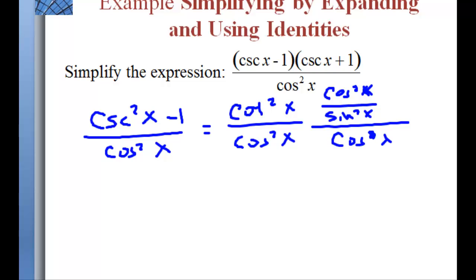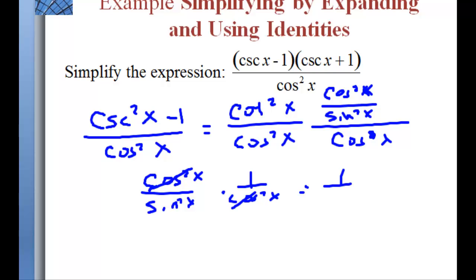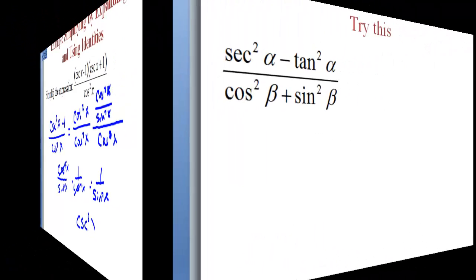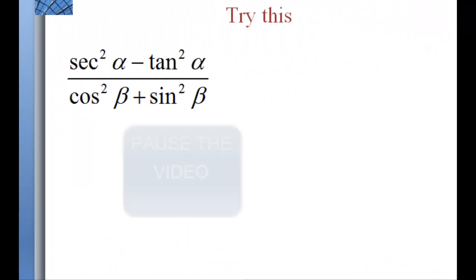So instead of dividing, if we multiply by the reciprocal, we'll have cosine squared x over sine squared x times 1 over cosine squared x. These will cancel, so this will equal 1 over sine squared of x, and 1 over sine squared by one of our identities is going to be cosecant squared of x. Pause the video and see if you can work out this one.